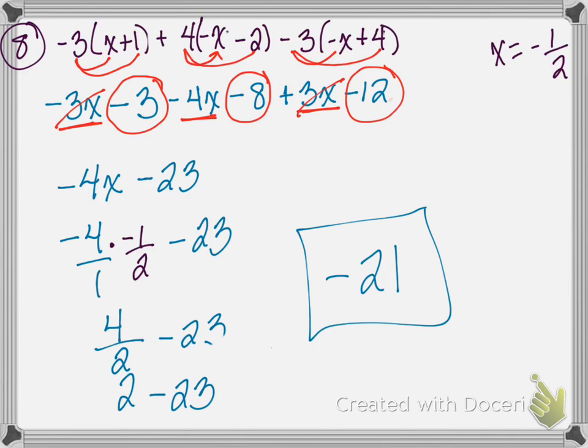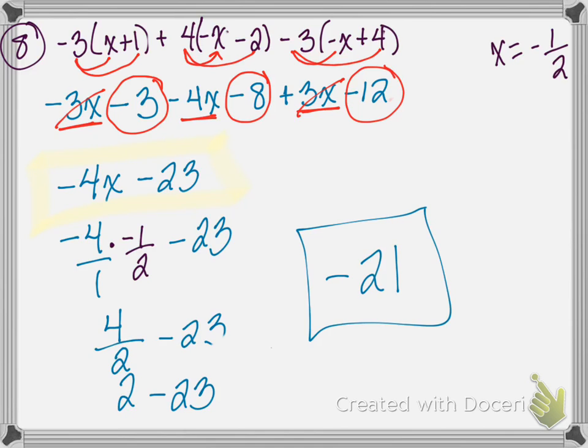Yes? Why do you do 2 minus 23? Okay, so are you with me right here at the negative 4x minus 23? Are we good there? Okay, so what I did next is I took out my x and I put in the negative 1/2. So when I multiply negative 4 times negative 1/2, I get 4 over 2, which simplifies to 2.